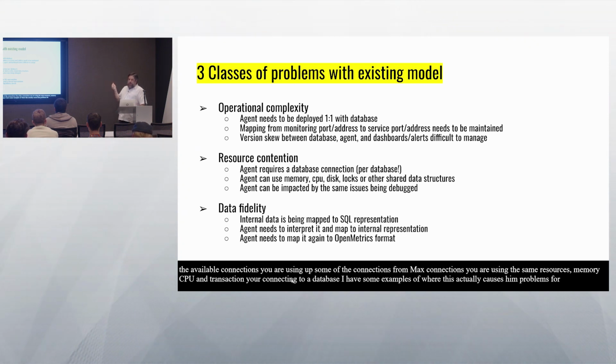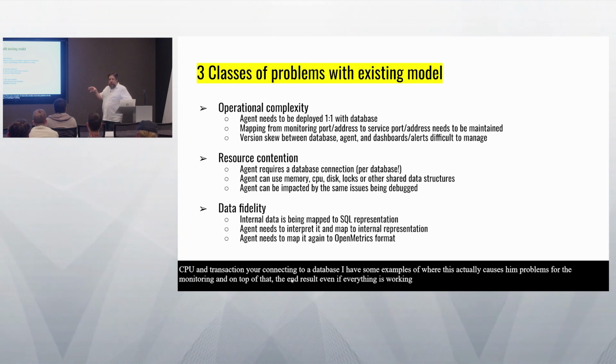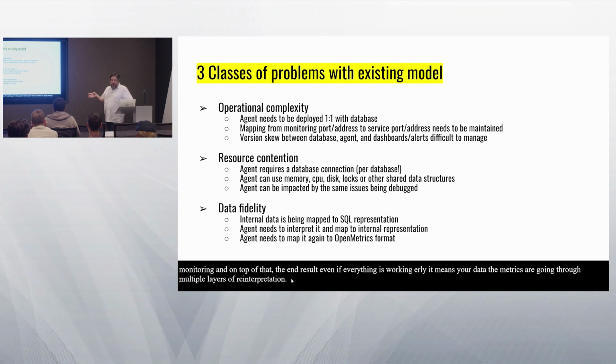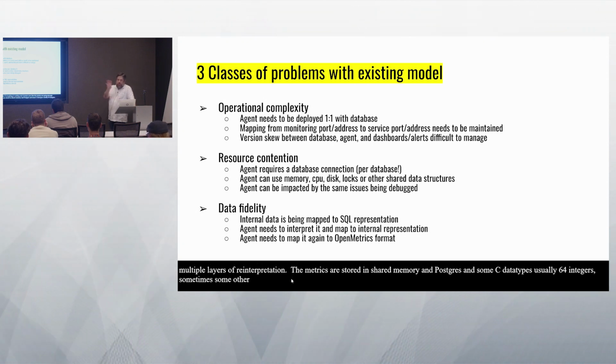And on top of that, even if everything's working properly, it means your data, the metrics, are going through multiple layers of reinterpretation. So the metrics are stored in shared memory in Postgres in some C data types, usually 64-bit integers, sometimes some other representation. To go into the pg_stats view, it needs to be marshaled into a SQL data type of some sort. It gets retrieved by Postgres Exporter, which is a Go binary.